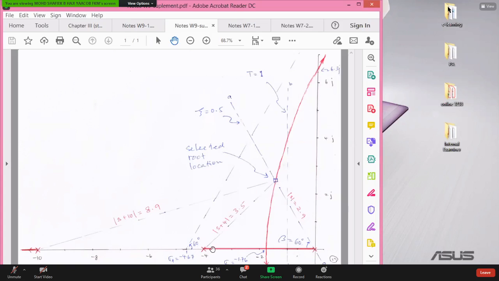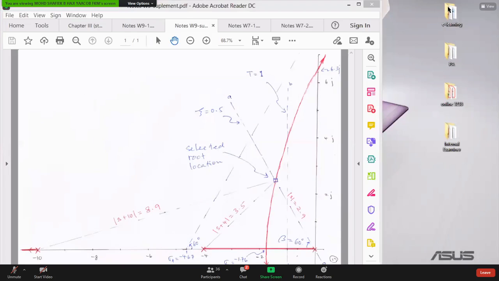The distance from negative 4 to your point s is the magnitude of s plus 4. You can measure that, or you can compute that as well. If you draw this to scale, you can just measure it. So I measure it to be 3.5. So the magnitude of s is 2.9.